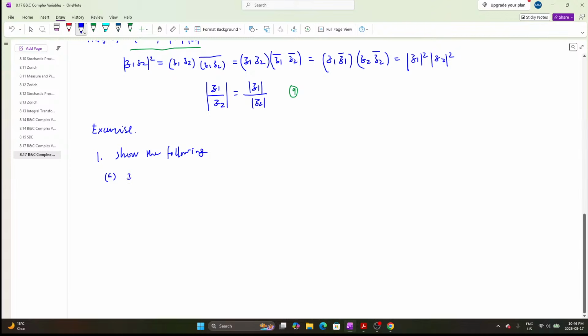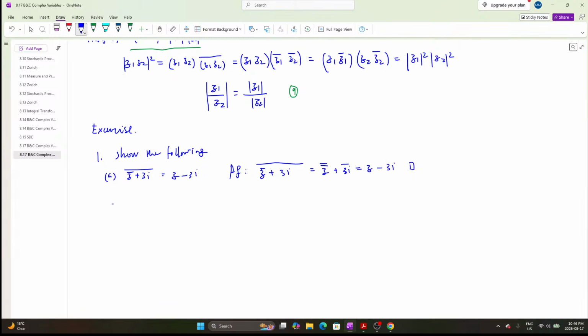Part A: the conjugate of z bar plus 3i is z minus 3i. Actually, we can do it in a one-line proof. First break the bigger conjugate: z bar plus 3i becomes z double bar plus 3i bar, and you get z minus 3i.